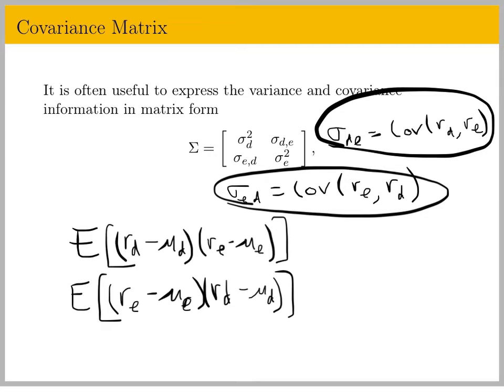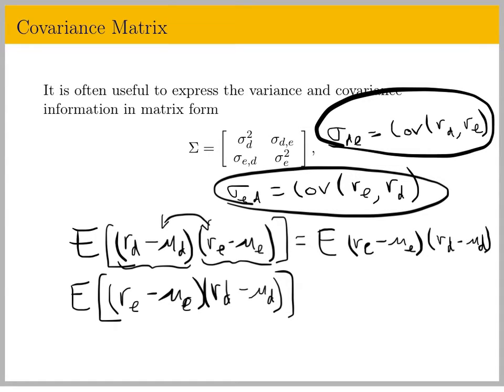But notice, these are just two things that are multiplied together. So there's no reason I can't just swap them, so that I can say that's equal to writing this one first and then this one, RE minus mu E, RD minus mu D. So that in fact, these two are equal.